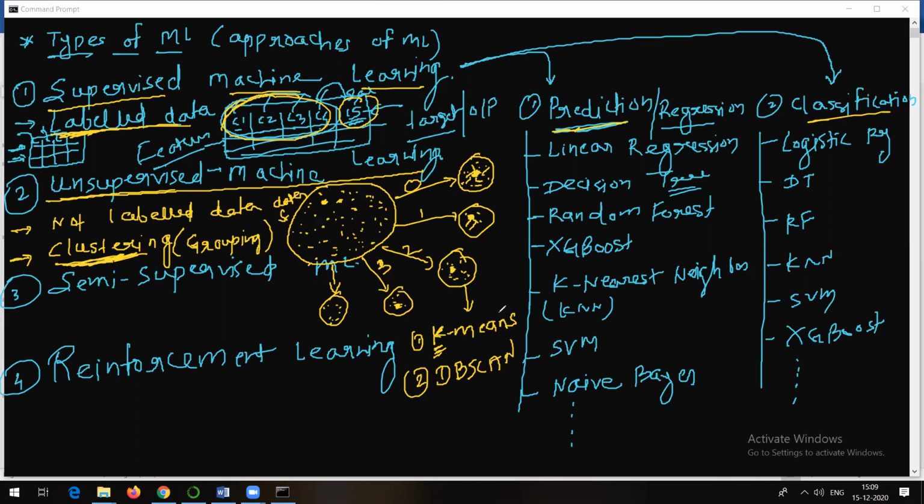So K-means clustering is an algorithm which makes use of the unsupervised learning approach, and it is a clustering algorithm. The same can be done with the help of the DB-scan algorithm also.